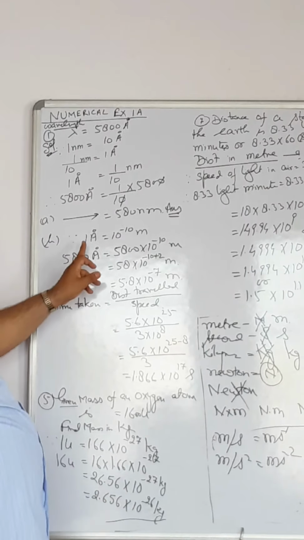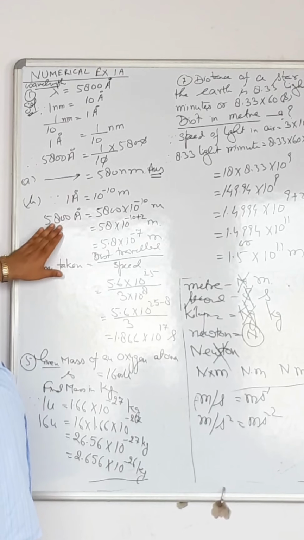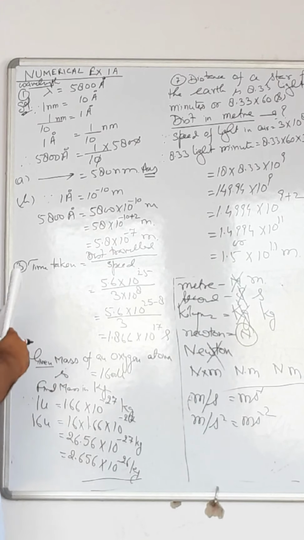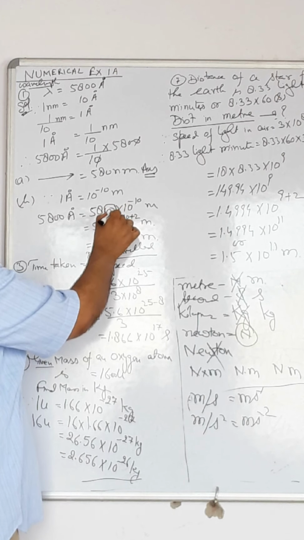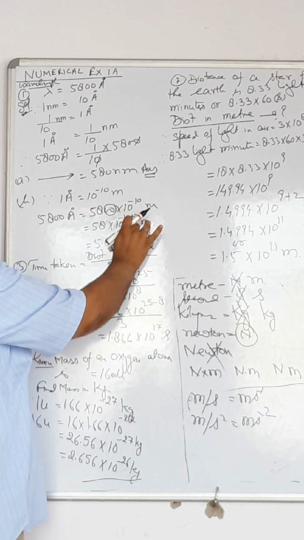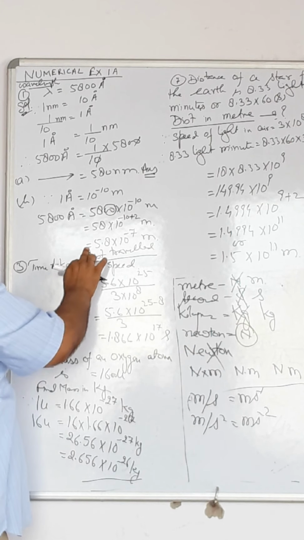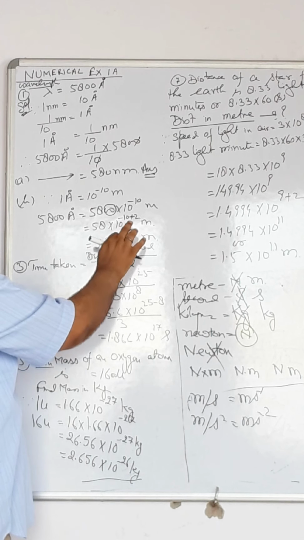We know that 1 angstrom is equal to 10 power minus 10 meter. So 5800 angstrom multiplied by this. These two zeros are taken and become positive powers in the next step. But to write the unit, we should always put 1 digit before the decimal, so 1 more 0 is added.